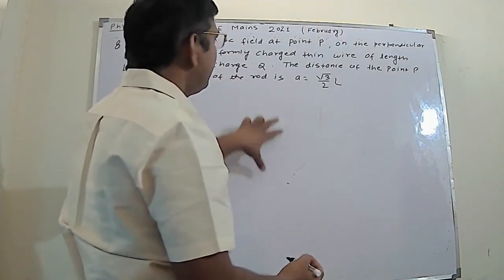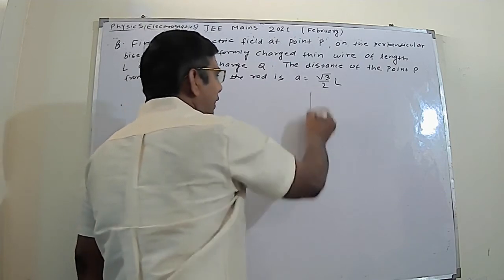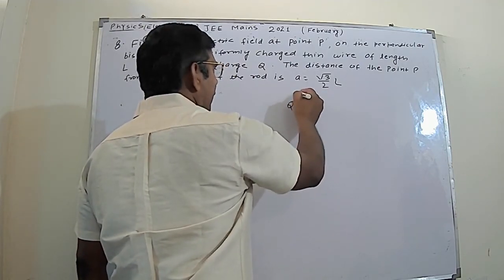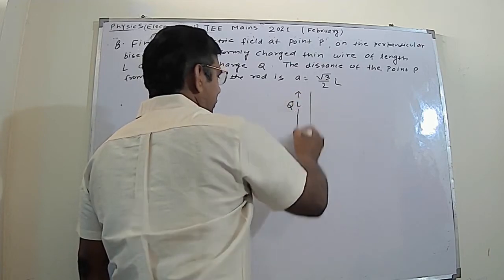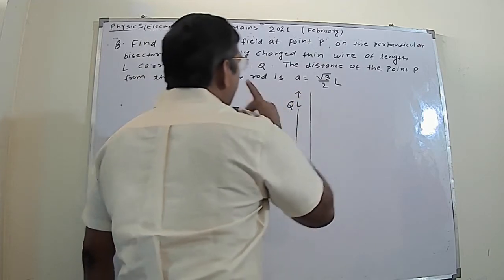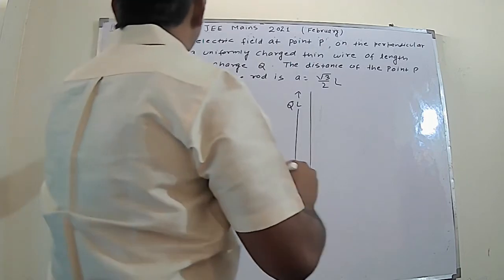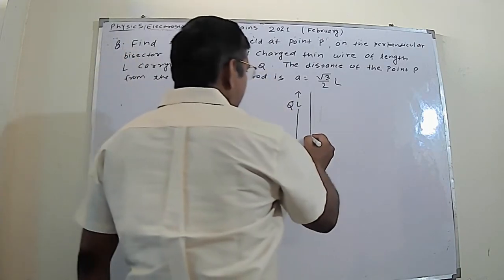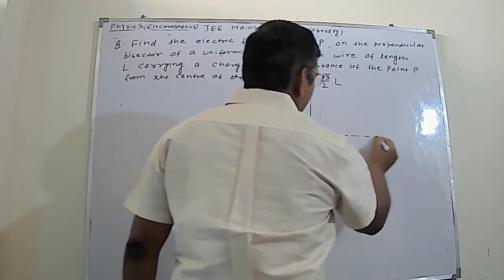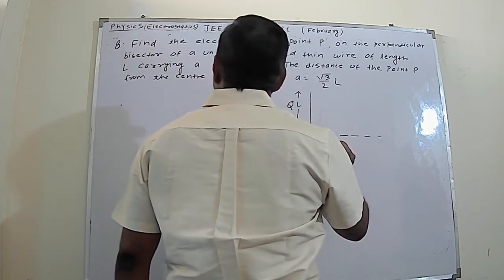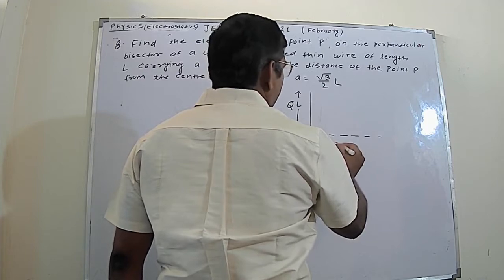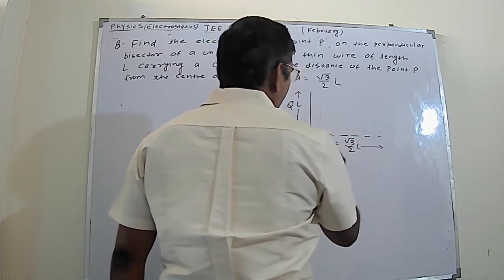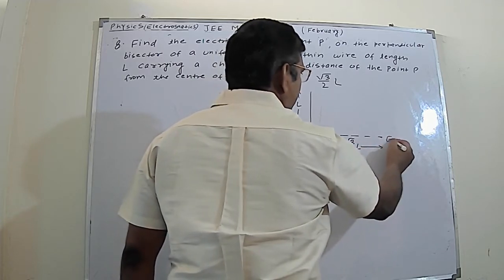Okay, so here in this question, a wire is given with charge Q and length L, and on the perpendicular bisector, in the middle of this wire, at a distance of a equal to root 3 by 2 L, we have to find the electric field.